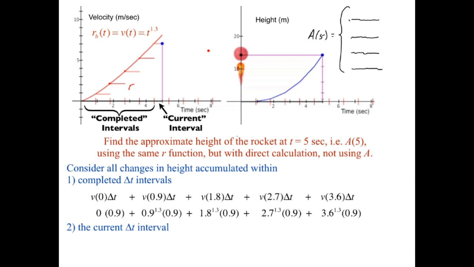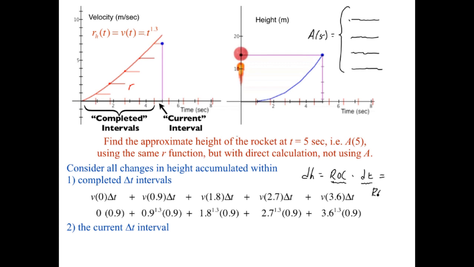Yeah, so dh equals rate of change times dt, right? So in order to get A of 5, we're really just summing up lots of little changes in height, right? And each one of those changes is coming from a constant rate. So we'll do constant rate times the change in t, and that's 0.9 every time.